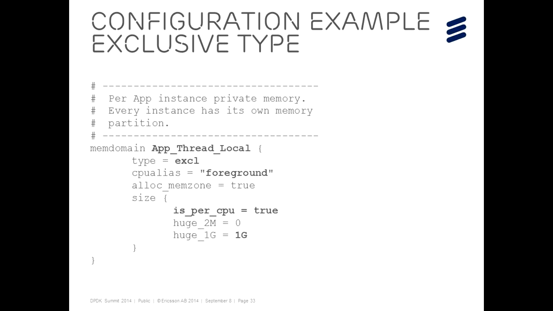If the application sets up, say, 16 CPUs in the foreground mask, then we know we need to create 16 exclusive memory domains, exclusive memory partitions. So just by changing the foreground mask, we enable one more instance to come up.